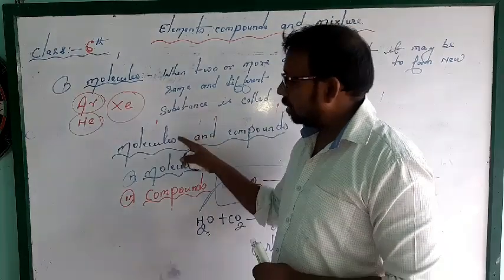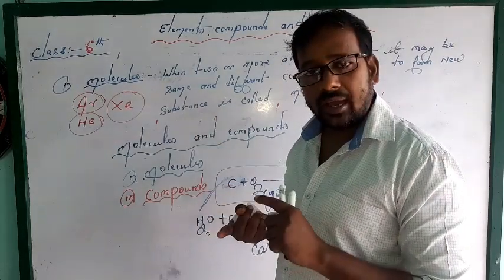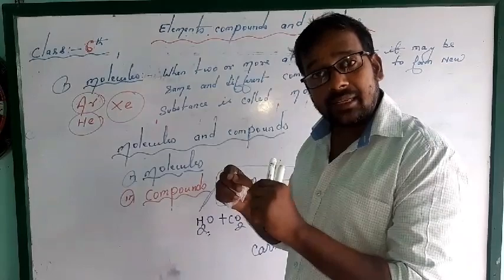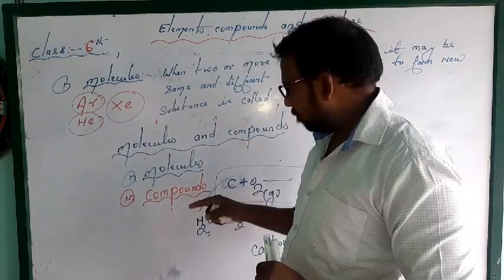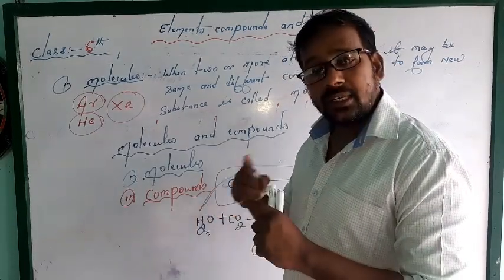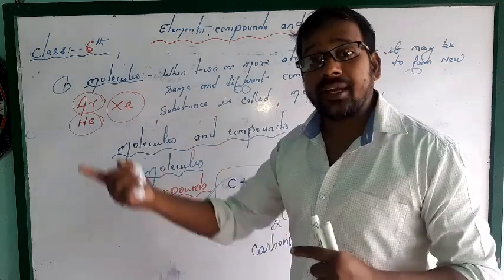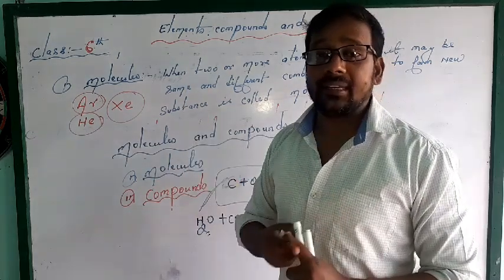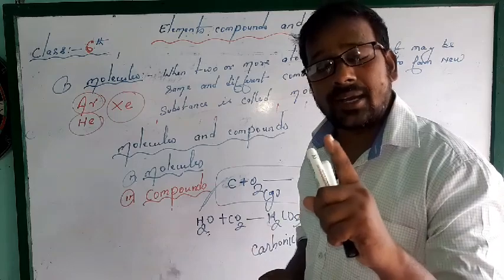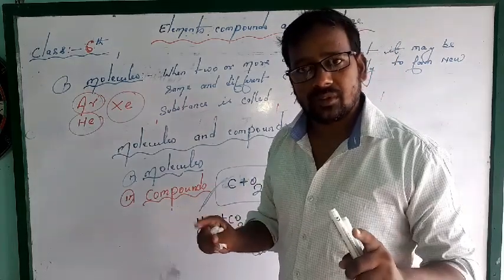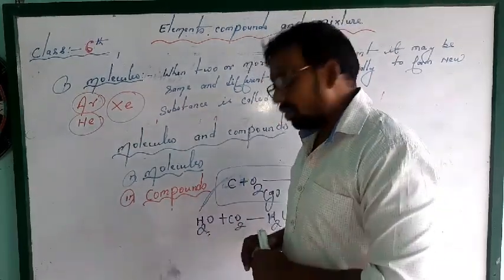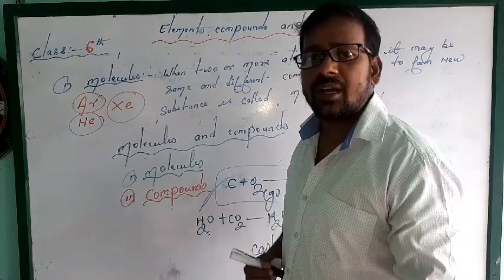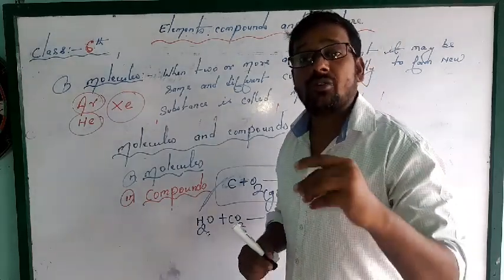So molecule means when two and more same elements combine. But compound must be two and more different elements combined in a fixed ratio of mass. Their mass will always be fixed. What is mass? I think you are in a very small class, so you don't need to understand what mass is.